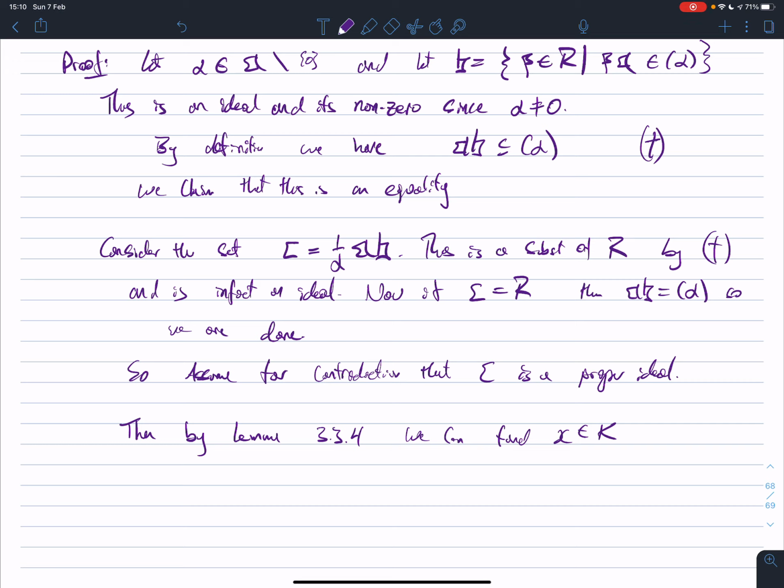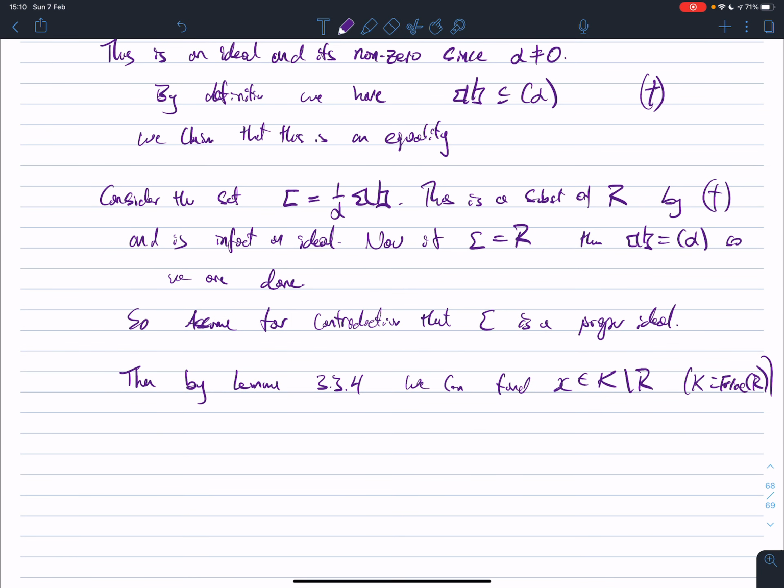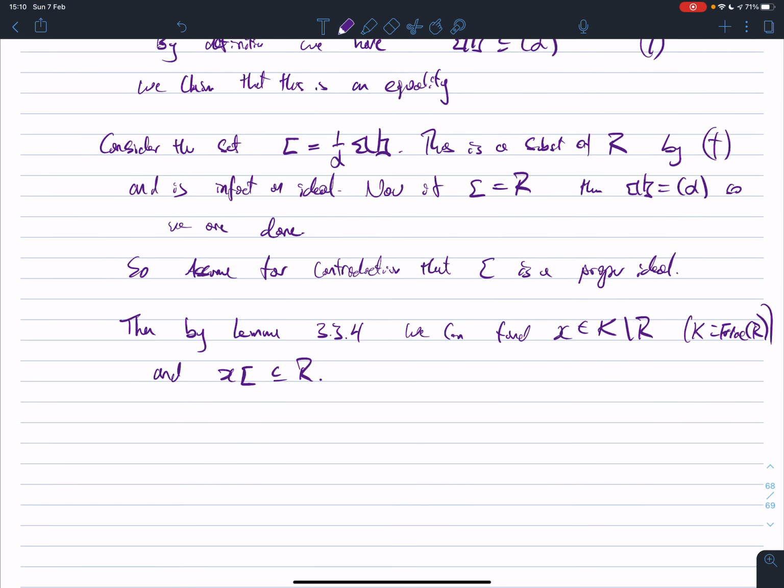Here K is the fraction field of R. And what's the property that this x has? x times C is contained in R. This was what the lemma was telling me, that I could find an element in K, not in R, such that x times C was in R.